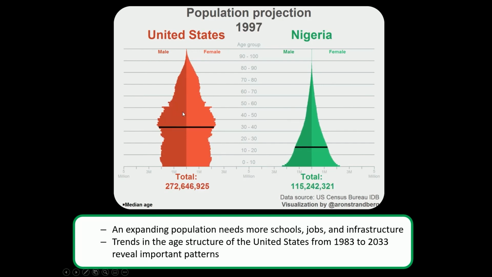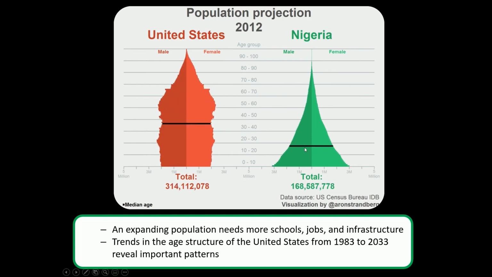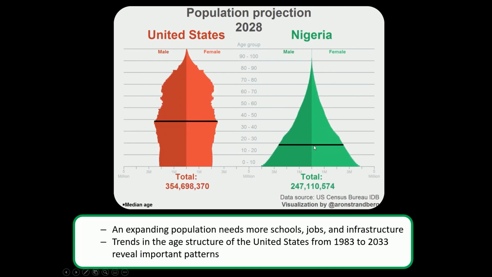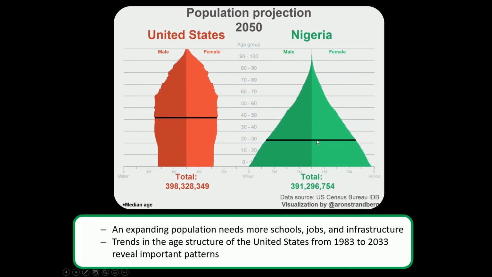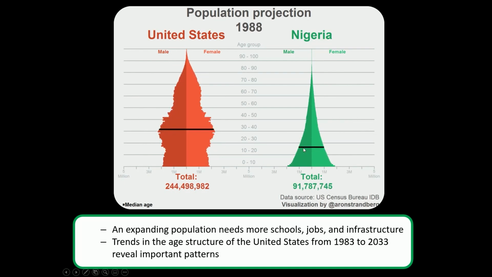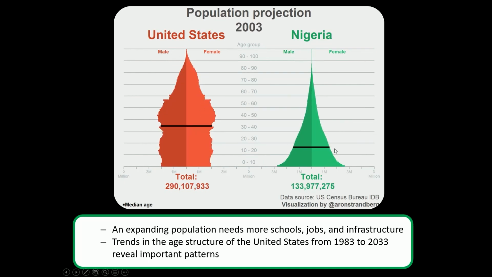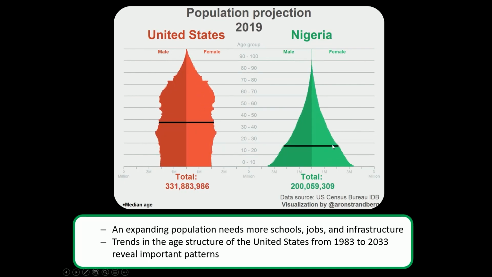On the right-hand diagram, however, even though by 2050 this is showing that Nigeria is projected to have a very similar population to the United States, you can see that the average age of people in that population will be much, much lower.